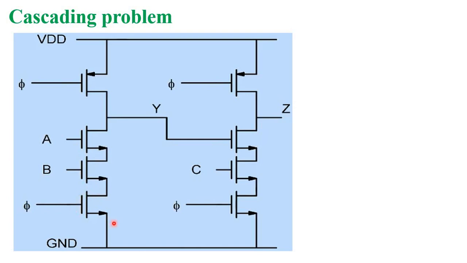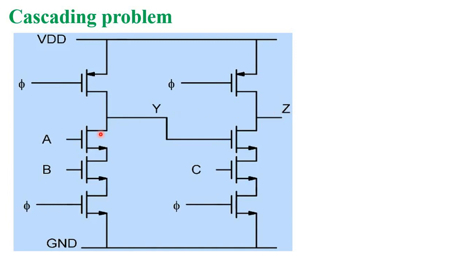If it is open, the output is equal to VDD, because there is no path to ground. So output is equal to VDD, that is equal to 1. And here phi is also equal to 0, also in the open-circuited condition, so therefore output is equal to VDD.